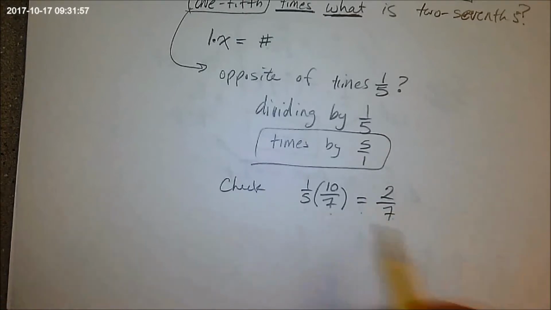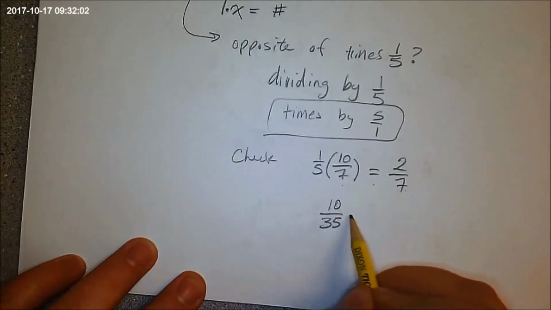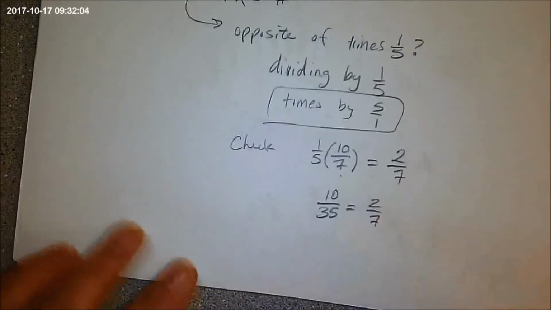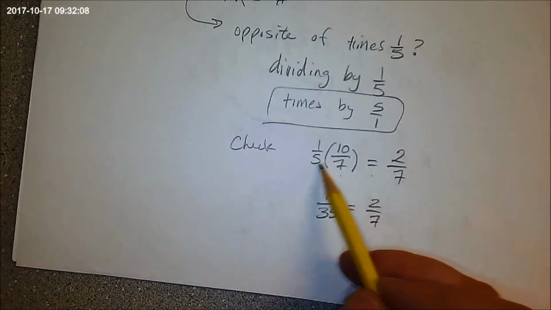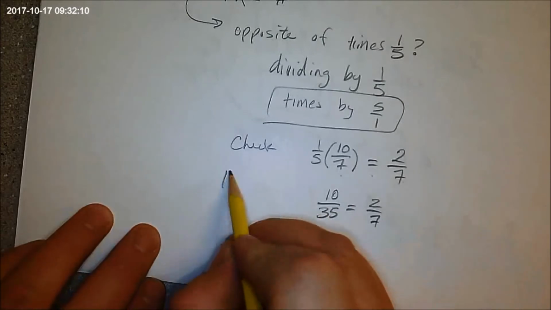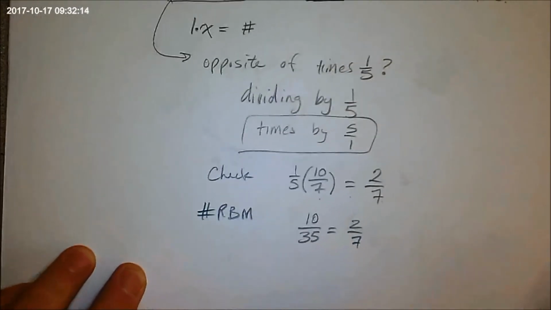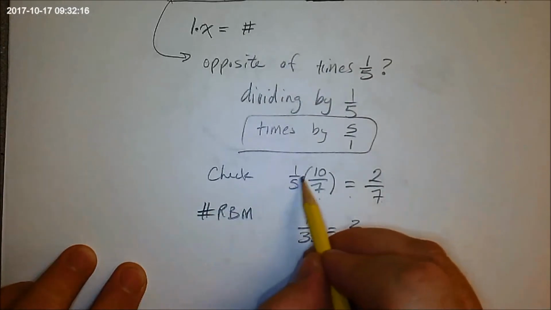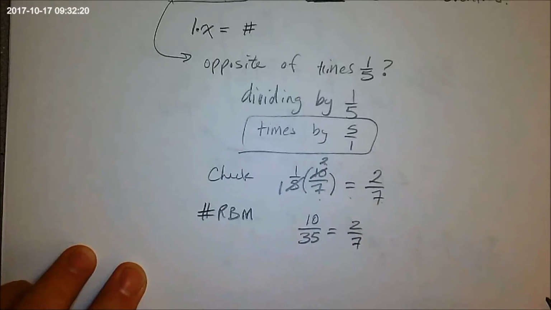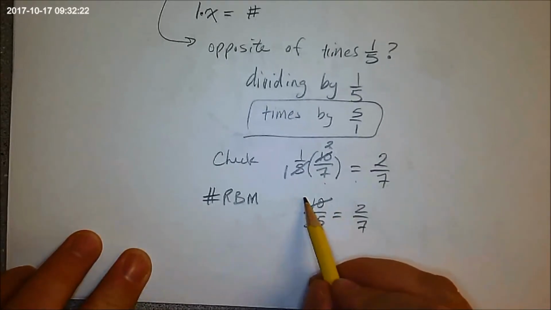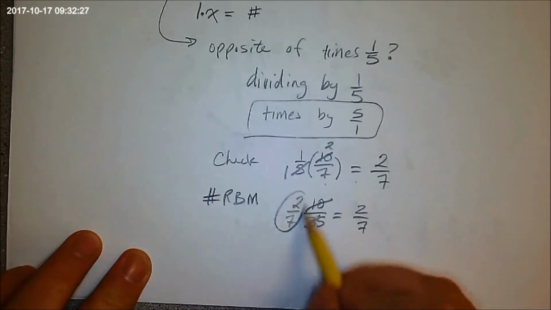What does this equal then? 35? Then that can't be reduced? Oh, could you reduce before you multiply? You should always reduce before you multiply. 5 goes into 5 one time, 5 goes into 10 two times, that's 2 over 7. You reduce by 5, you get 2. You reduce that by 5, you get 7. 2/7 equals 2/7.